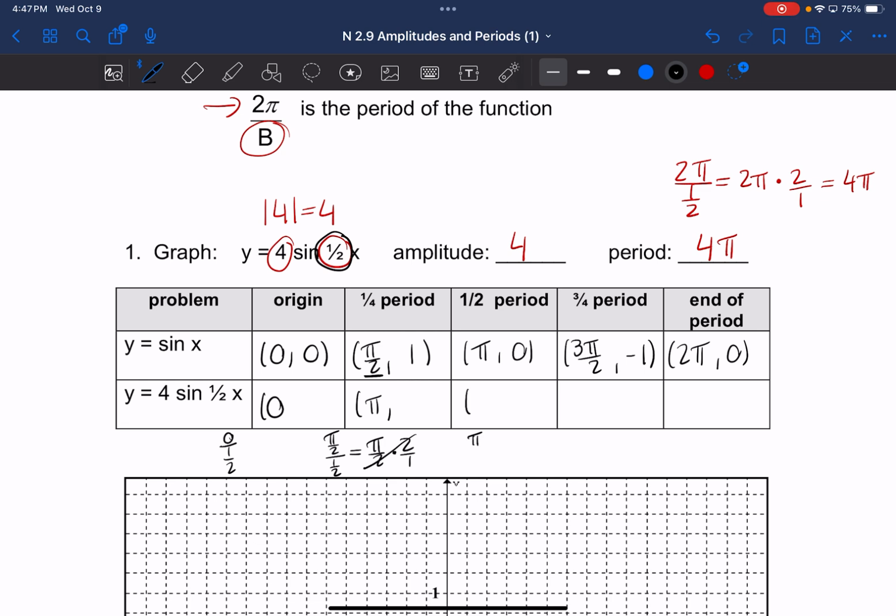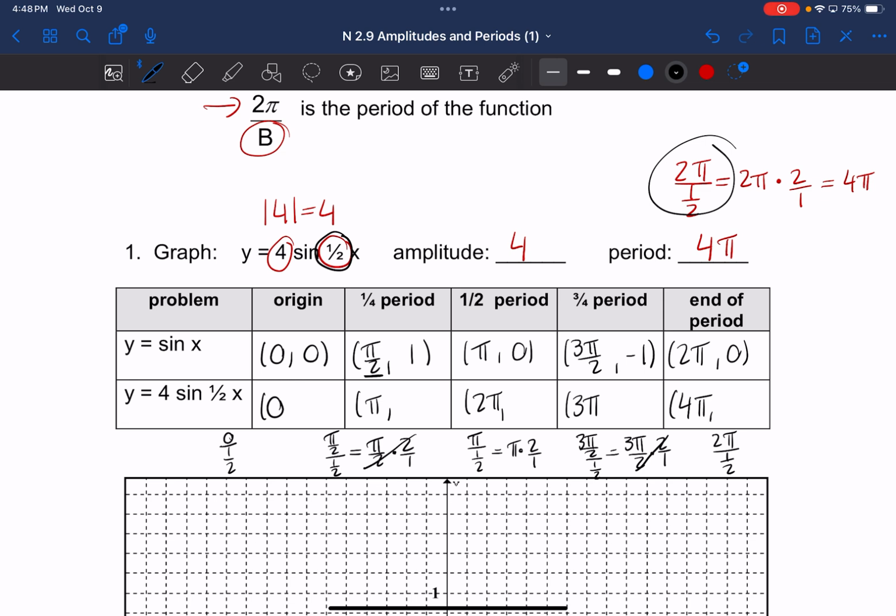Here I'm going to have pi divided by a half, or pi times 2 over 1, which would give me 2 pi. Here I'll have 3 pi halves divided by a half, or 3 pi halves times 2 over 1. My 2's divide out, and I'm left with 3 pi. Here I'm going to have 2 pi divided by 1/2, which we already did up here, and we said that becomes 4 pi.